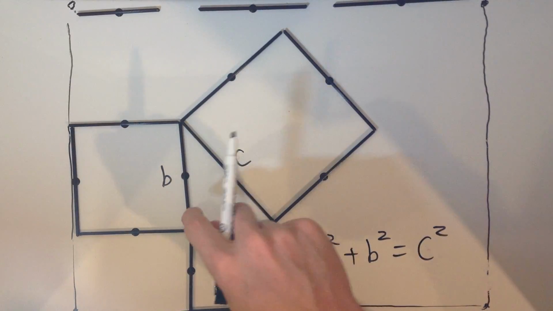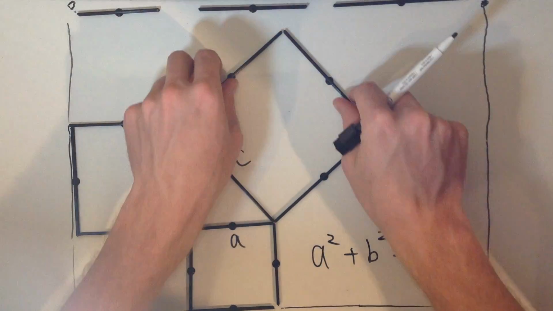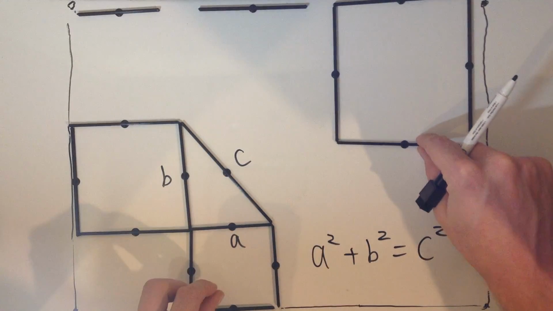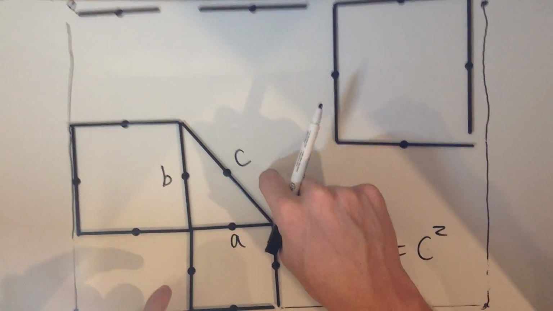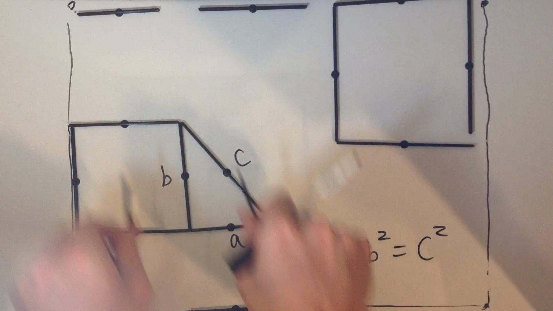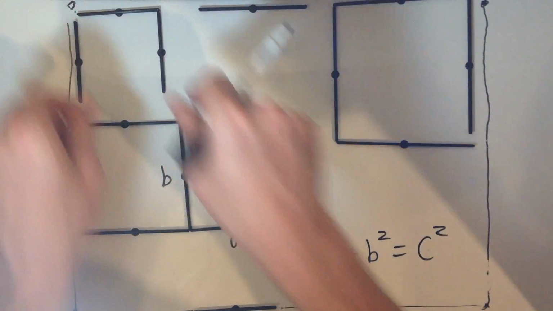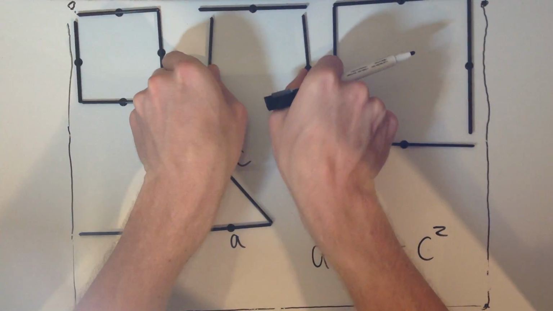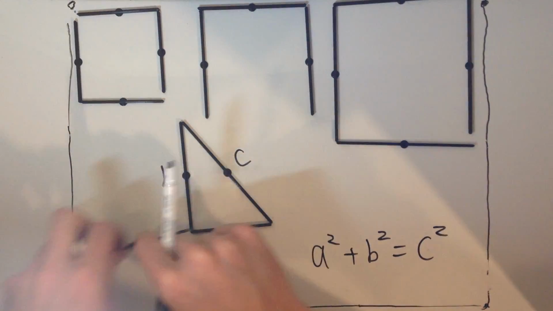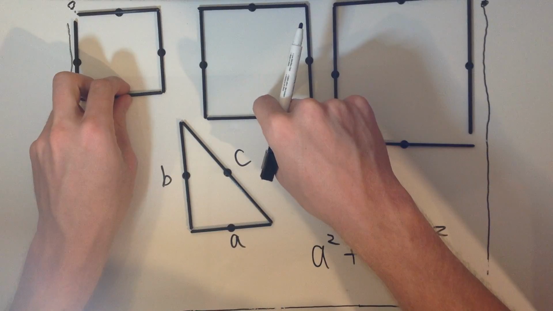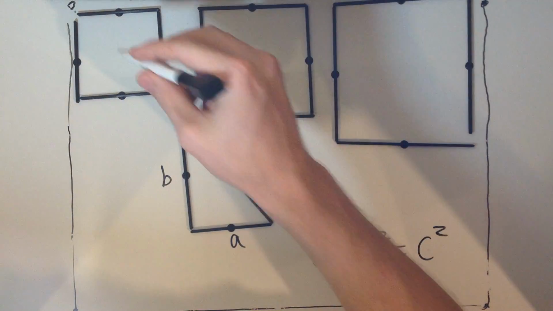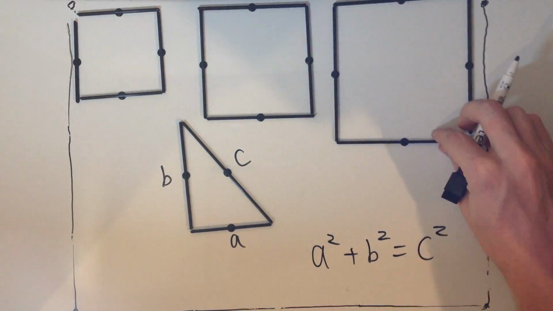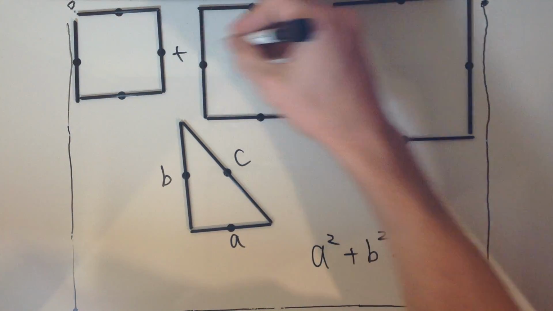If we rearrange it to form our equation here, we're taking the square, this is our c, then we take our a and our b, and then we set up our equation, a squared plus b squared equals c squared.